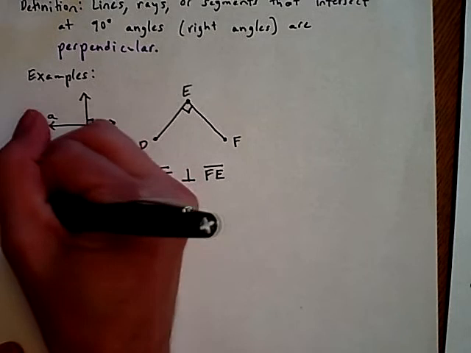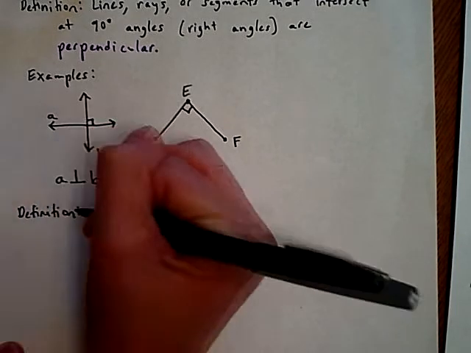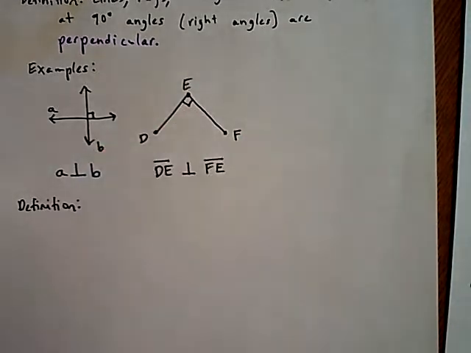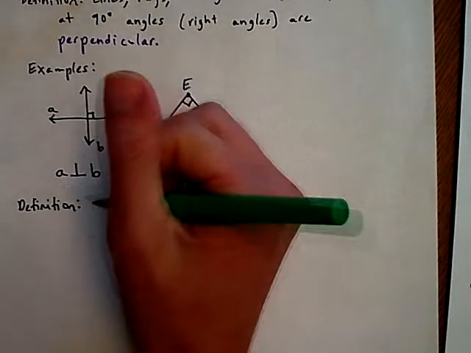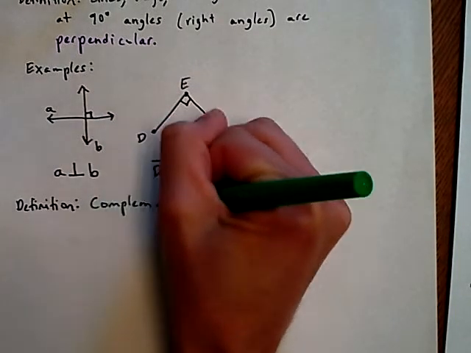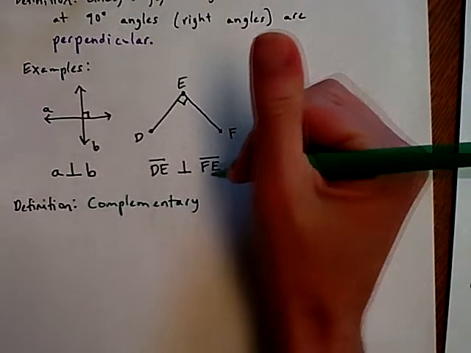All right, our next definition is complementary angles. So complementary angles are two angles whose measures sum to 90 degrees.